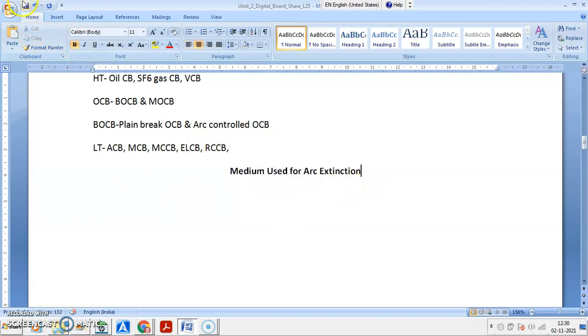Okay, go to next. Medium that is used for arc extinction. What are the different mediums used? We know that oil is the first media used for arc quenching. Especially it is insulating oil. It has another name, transformer oil, and a third name, hydrocarbon oil. Oil is an insulating media. It is a hydrocarbon oil.